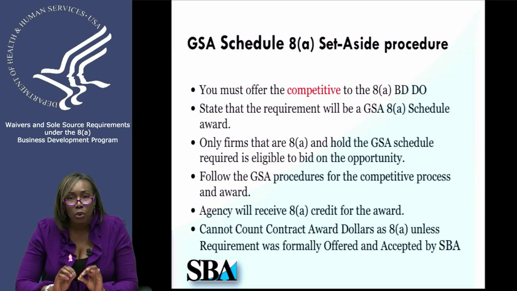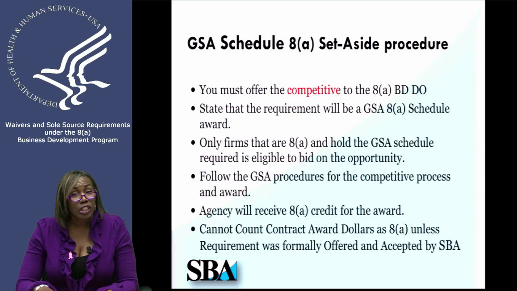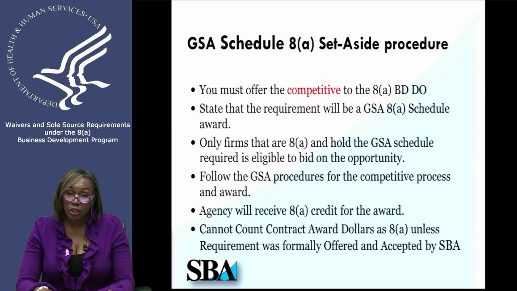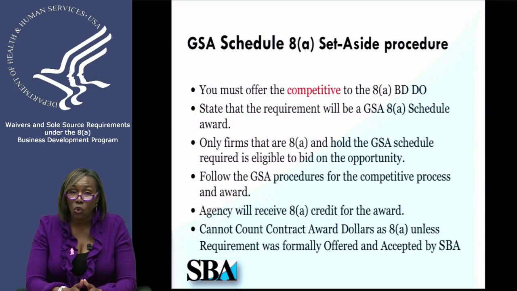It's very important that you state in that requirement that you plan on using the GSA schedule. Why? Well, because GSA schedule contracts are not 8(a) contracts. And because they're not 8(a) contracts, we need to know what requirements that you put on that schedule as an 8(a) set aside and what you didn't.